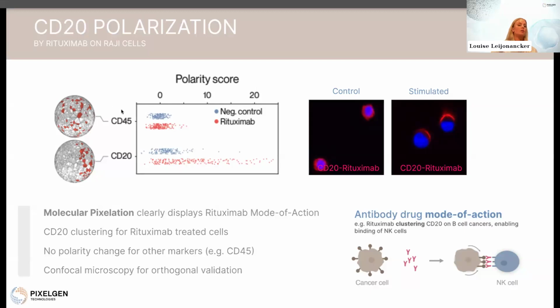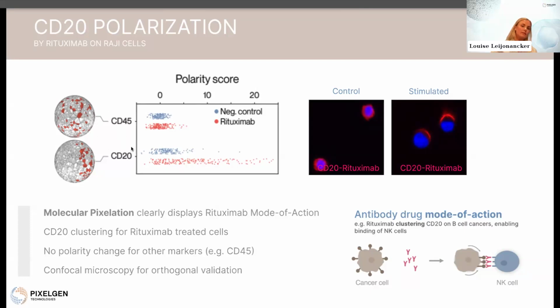If we start by looking at CD45, you can see that with or without rituximab, it is centered around 0. And you can see that also here in this tessellation plot, that it's randomly dispersed.